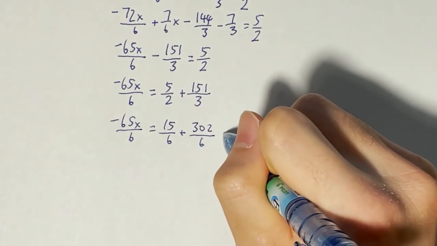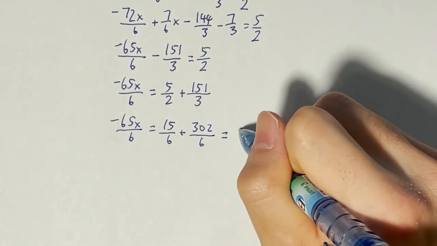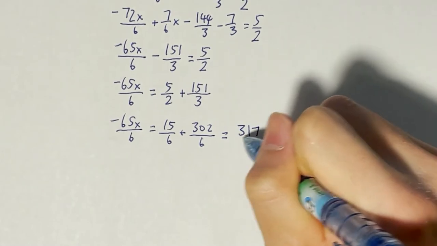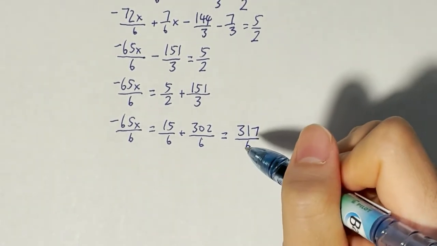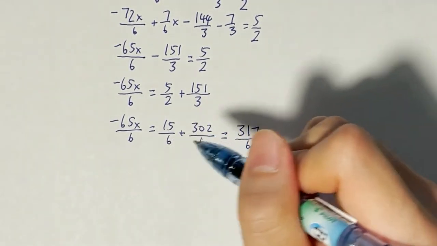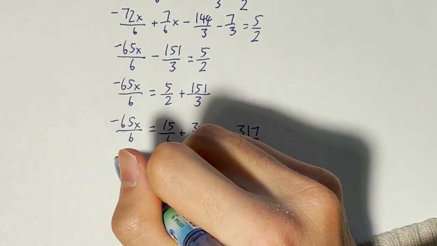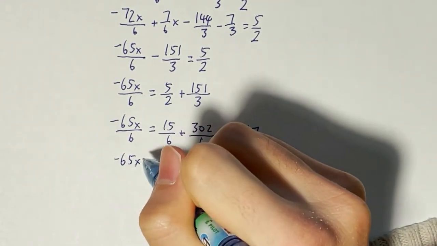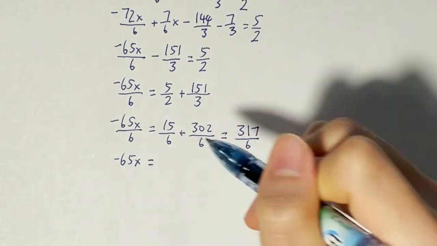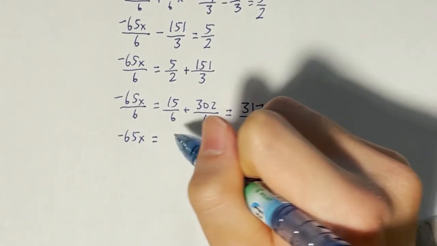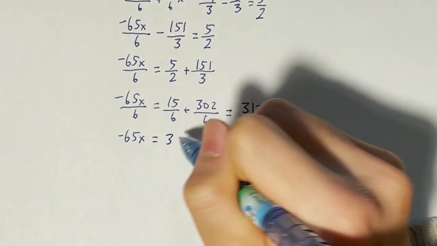And this will in turn become 317 over 6. Now we can multiply both sides by 6. So we have minus 65x equals 317, sorry.